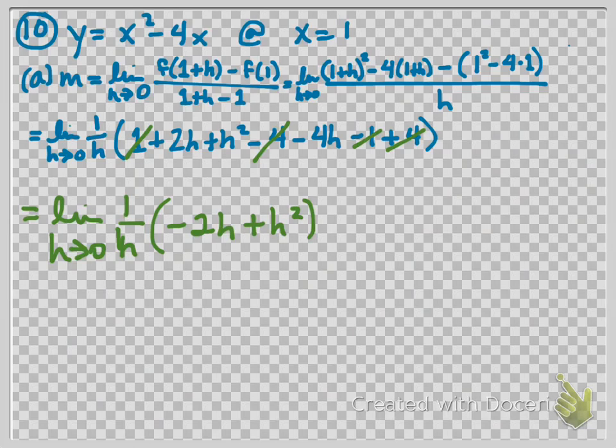Everybody agree with that? All right, now how much of these last steps you write depends on how much you understand about what you're doing. But you definitely have to keep writing the limit as h approaches 0 until you take it. And here's what I want you to write. I want you to write negative 2h plus h squared back in the numerator and put the h on the bottom.